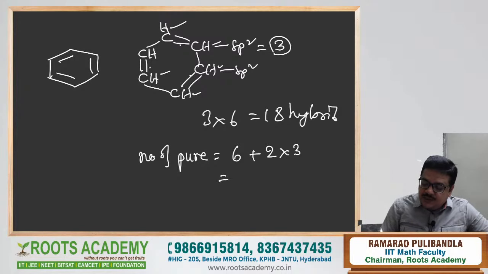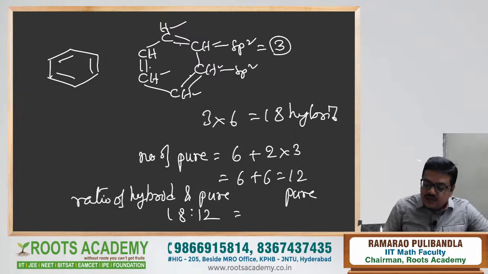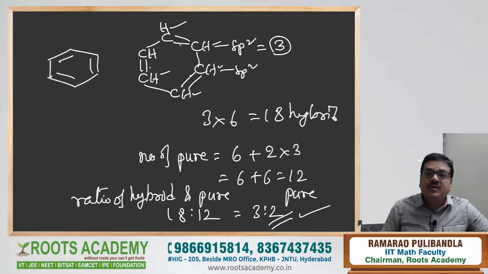So 6 plus 6, 12 pure orbitals. The ratio of hybrid to pure, 18 is to 12, 3 is to 2. Like that we have to approach.